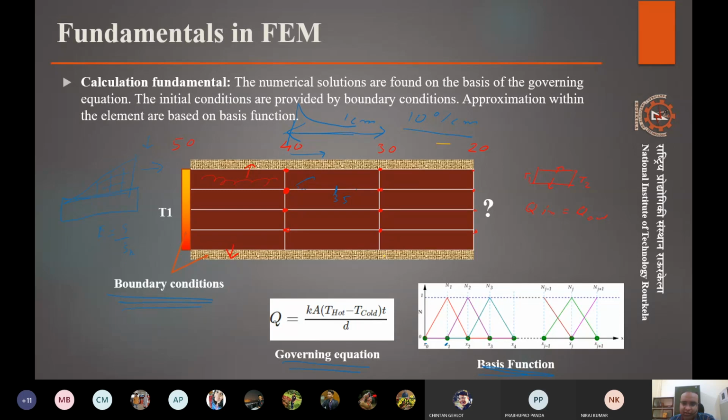For every condition, Nitesh, there are different basis functions. So the basis function used here is linear. If you see at the base, these are various nodes. Suppose node 1, node 2, node 3 and node 4 are there.